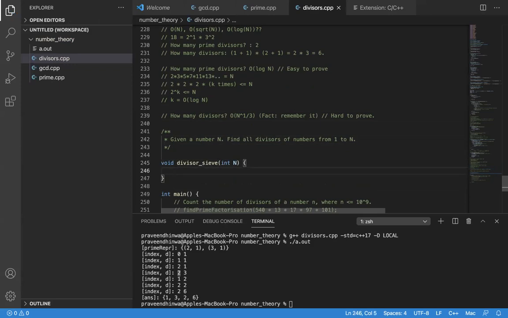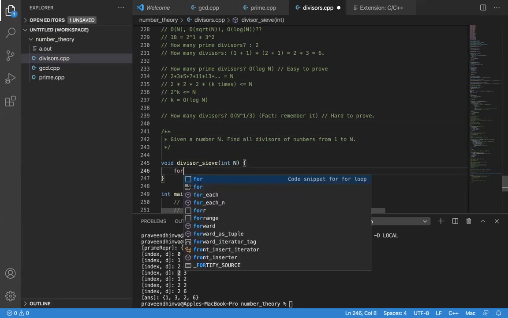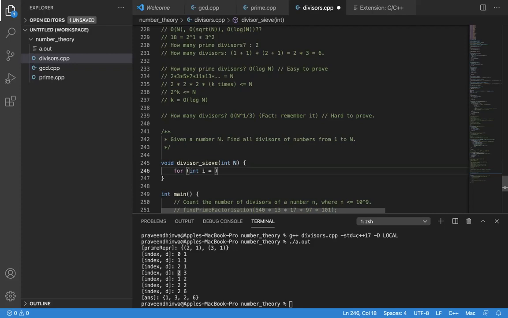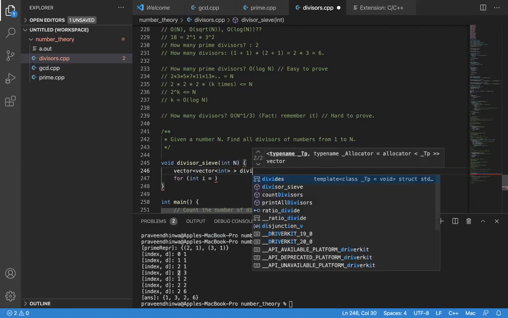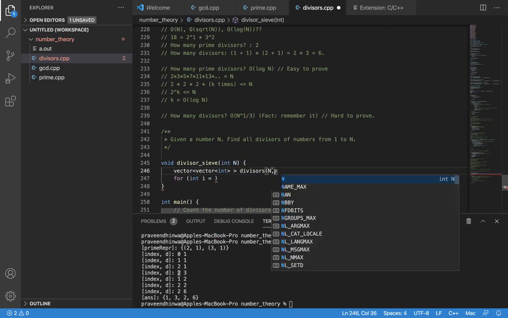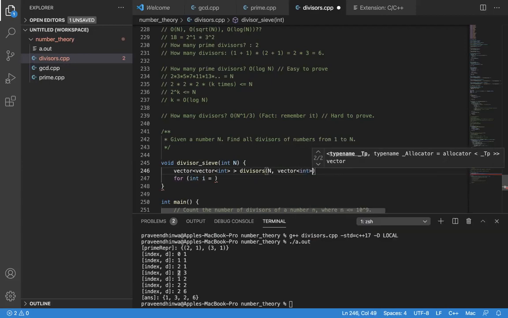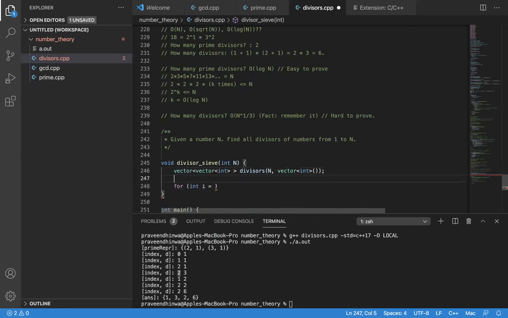So what do I do? Let's create a vector of vector int, divisors of n. Divisors of i will contain the divisors of number i. Fine.